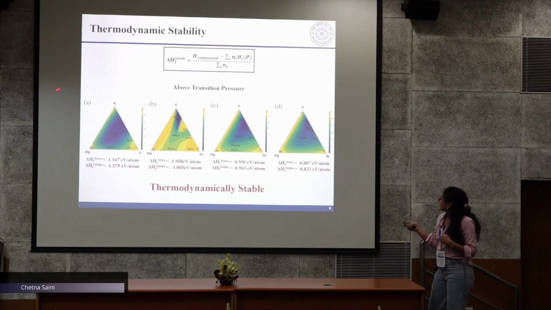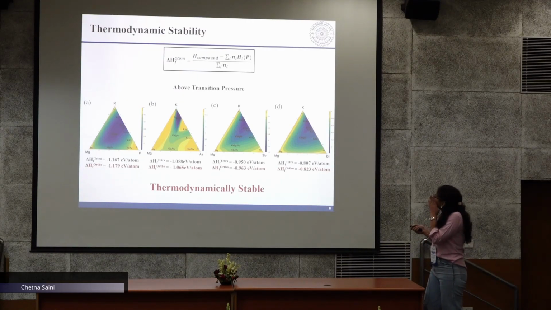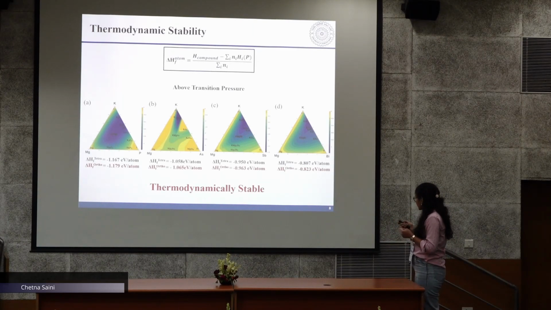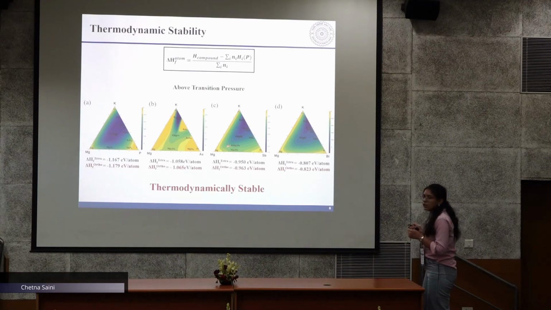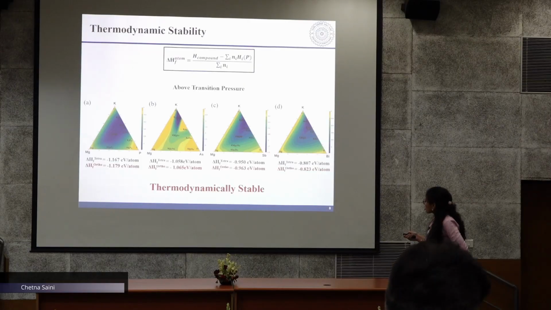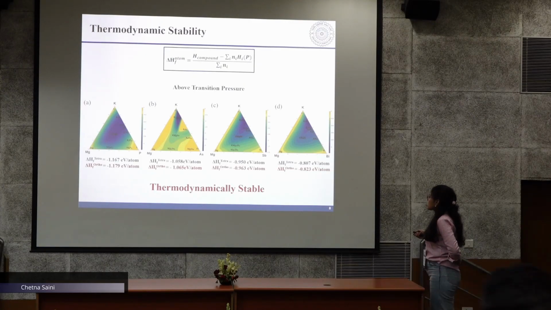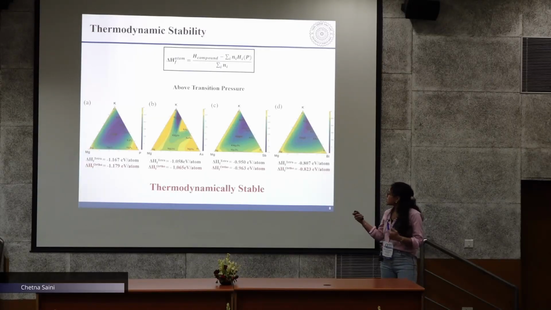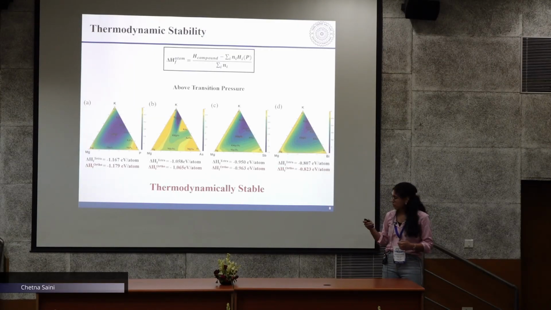For all the KMGX compounds, we calculate the formation enthalpy for all the existing phases and its decomposition structure. Here, this color contouring helps us to visualize the location of minima, and we see that for all the KMGX compounds, this ortho phase is stable. So we can say that all KMGX compounds are thermodynamically stable above the transition pressure.